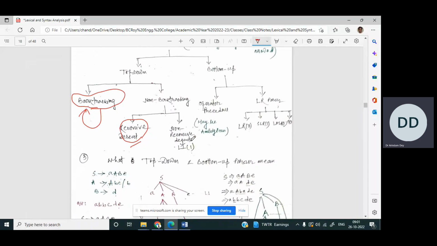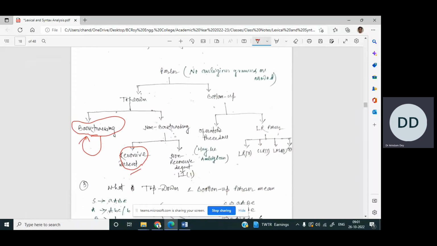If you can recall, under the parser, two types are there: top down and bottom up. Under top down, I said that backtracking and non-backtracking are two categories. The backtracking problems we have seen, and today we'll be mainly focusing on this part, non-recursive descent parsing, that is called LL1. It might sound different to you what this L stands for, and what this one stands for.